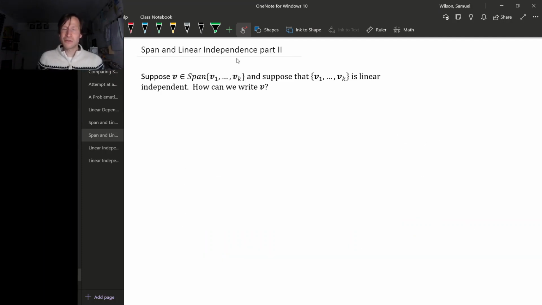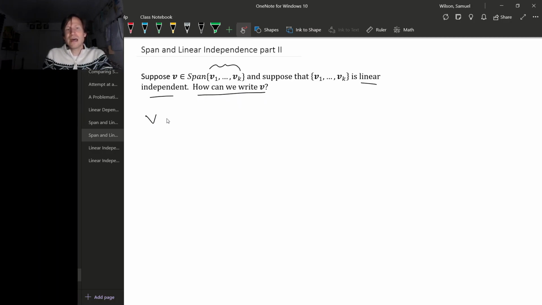There's a little more ground we can gain from our definition of linear independence. So suppose that we have some linearly independent vectors, v1 through vk, and we take some vector v in their span. So let's ask, how is it possible to write v?